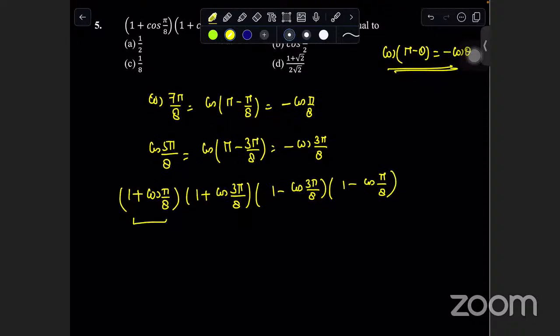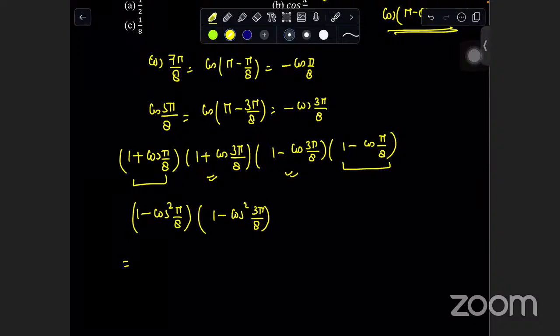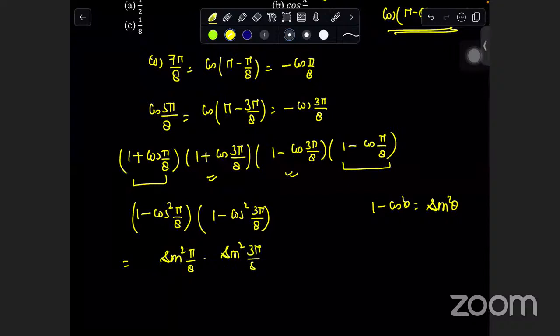Now, this 1 plus cos theta into 1 minus cos theta is what? 1 minus cos square pi by 8. 1 plus cos 3 pi by 8, 1 minus cos 3 pi by 8 is 1 minus cos square 3 pi by 8. Now, another same identity, 1 minus cos square theta is sine square theta. So this will be sine square pi by 8 into sine square 3 pi by 8.